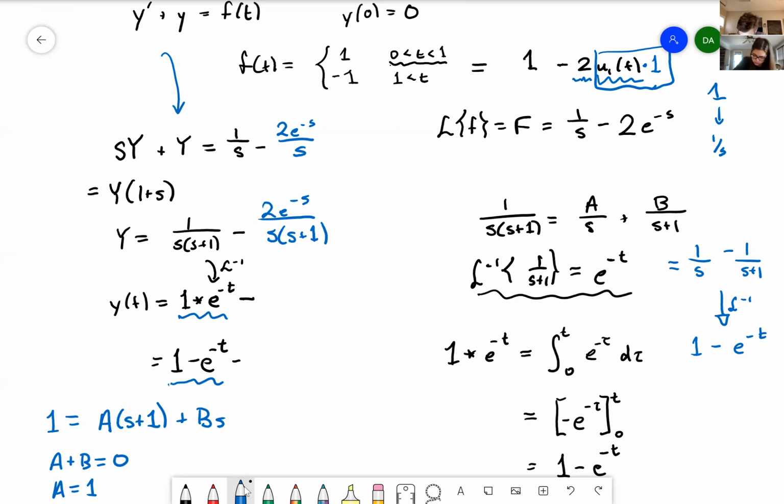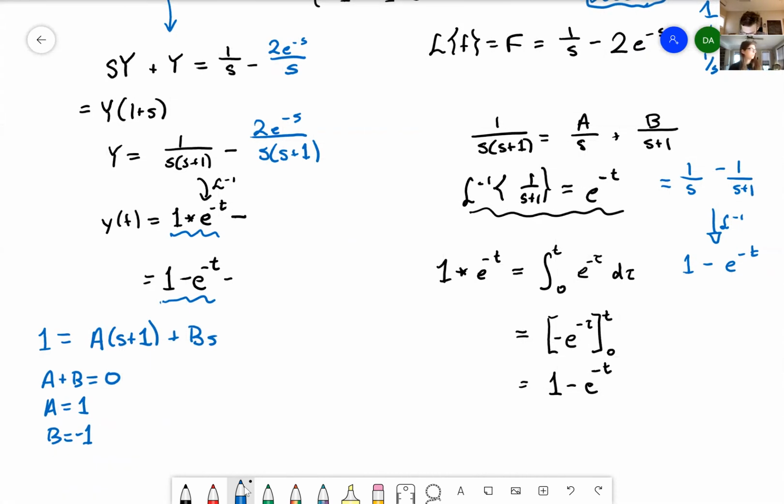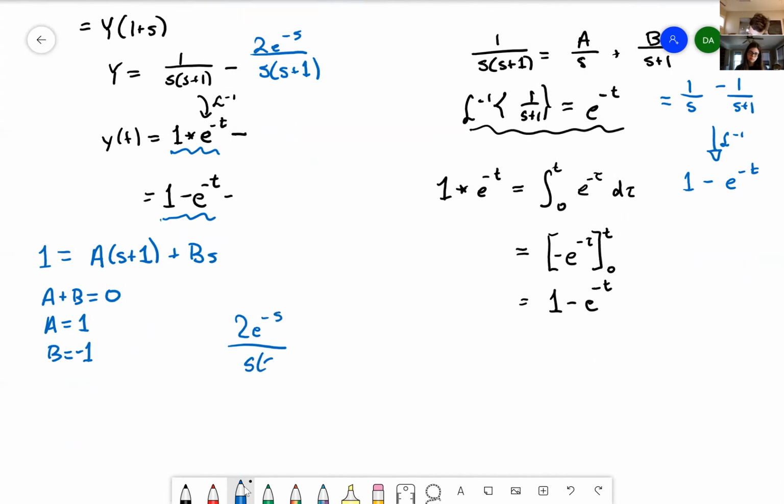So, let's see, how can I do this? Let me make a little room here. So 2 e to the minus s over s times s plus 1. This is really just 2 e to the minus s times, we already figured out what the partial fraction decomposition of 1 over s times s plus 1 is. 1 over s minus 1 over s plus 1.